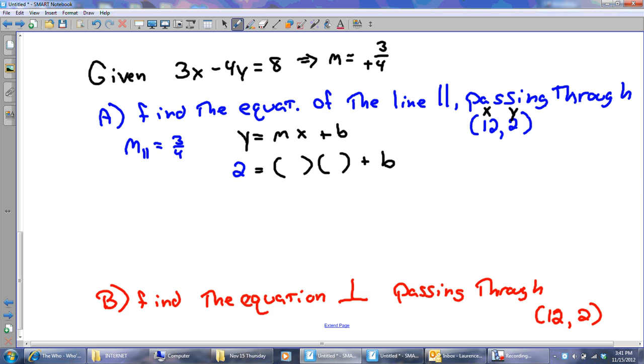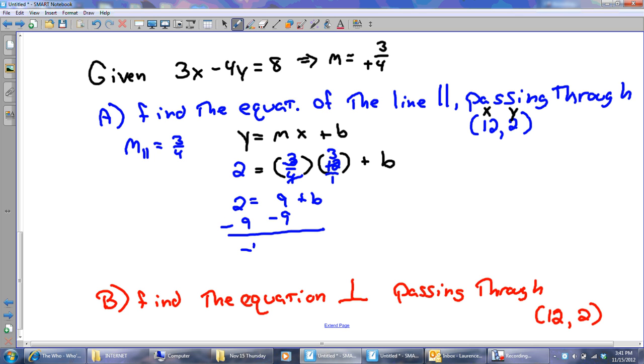See, y is 2. Slope is 3/4. The x-coordinate is 12. Put that over 1. I'm going to get 2 equals, 4 is going to go into 12 3 times, looks like I'm going to get a 9 plus b. Subtract 9 from both sides.